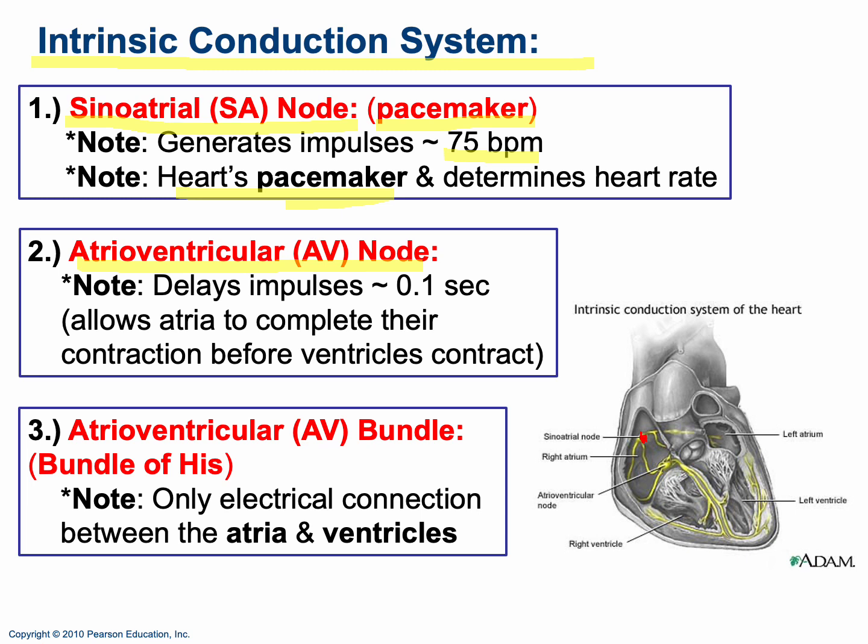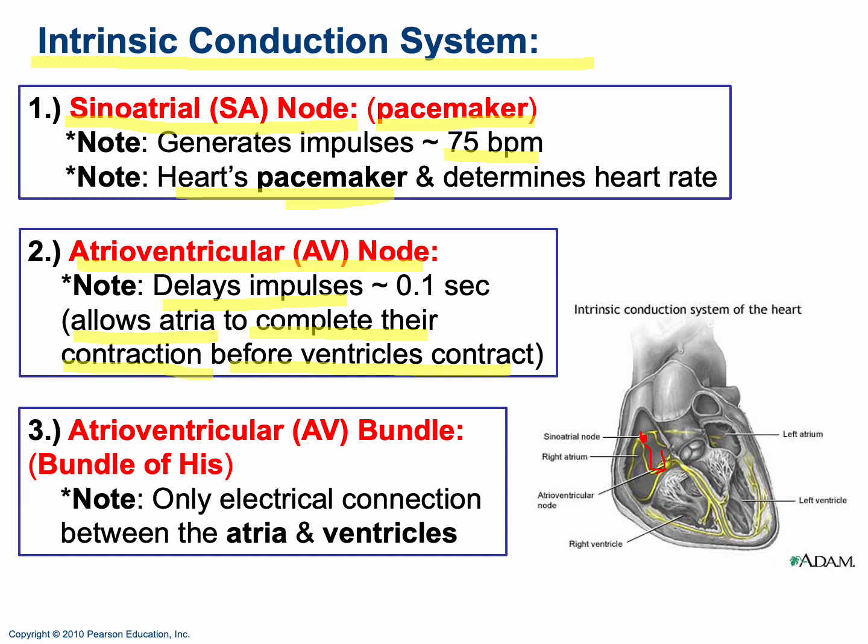There is a slight delay in the impulse here, and the importance for that is to allow the atria, so referring to the right atrium, left atrium, to complete their contraction before the ventricles will go ahead and contract. So on that little picture here, here we have the movement here of the electrical activity to the atrioventricular node right here. So that's kind of right up against the tricuspid valve.